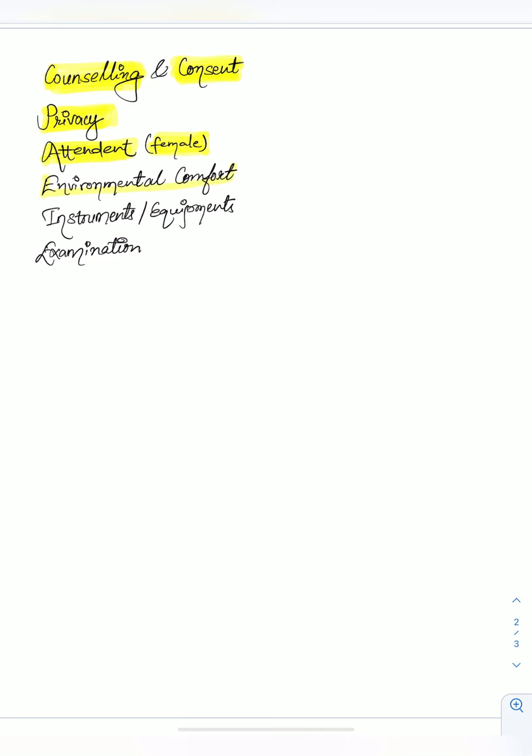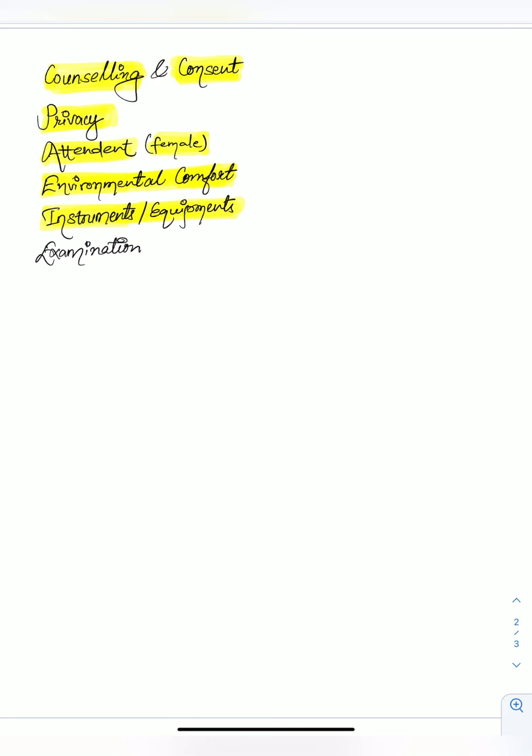Then we should give him environmental comfort. That means if it is winter, the examination room should be at an appropriate temperature by a heater and so on. And all the instruments and equipment required for the examination should be ready, like gloves and any other instruments.